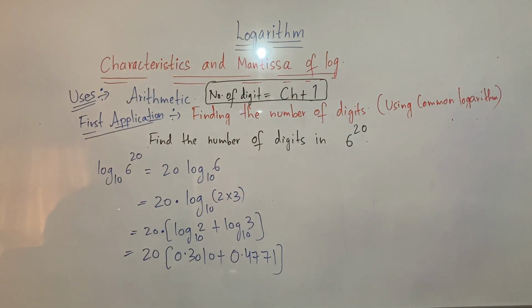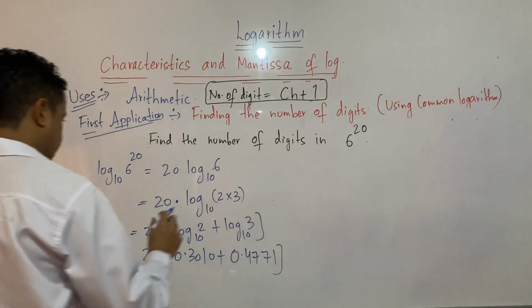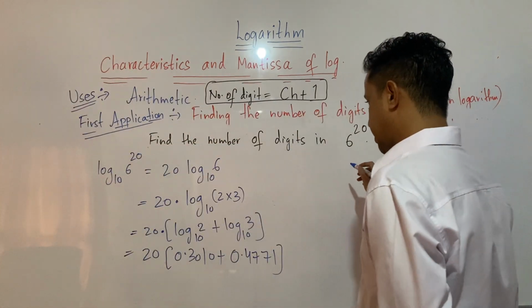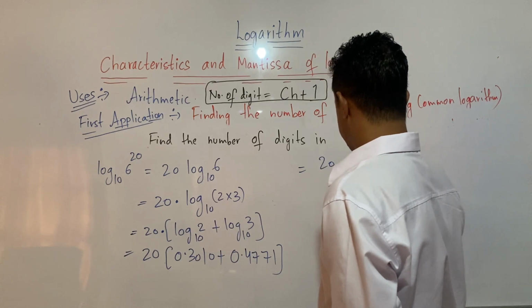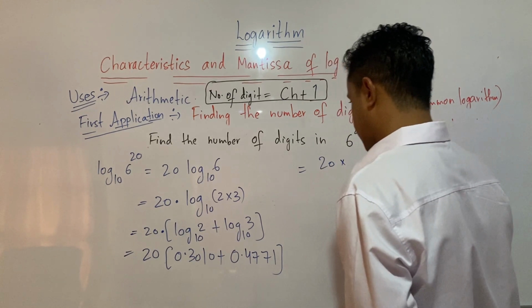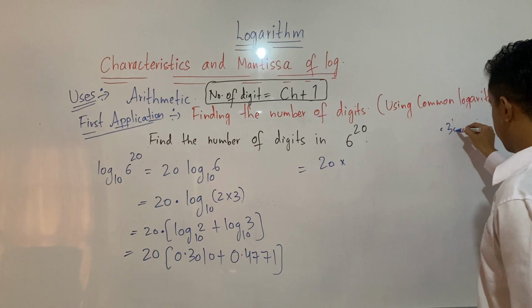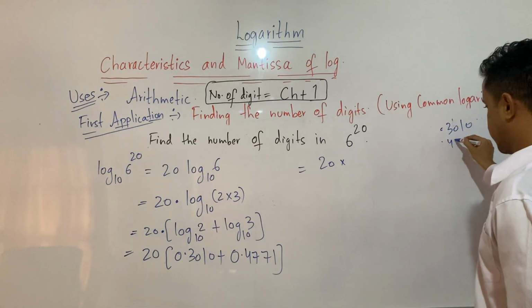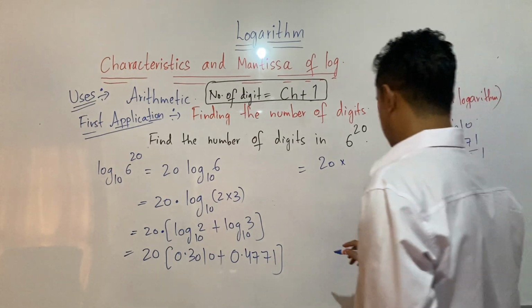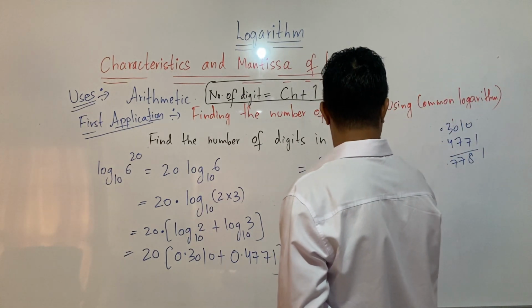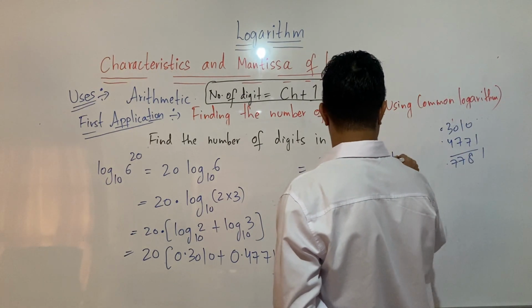So this thing is going to be 20 times, adding 0.3010 and 0.4771, we get 0.7781.